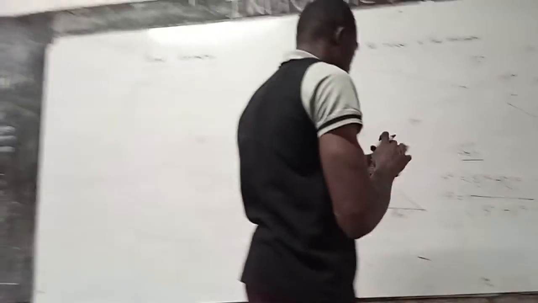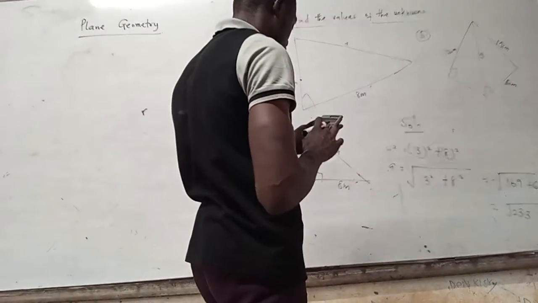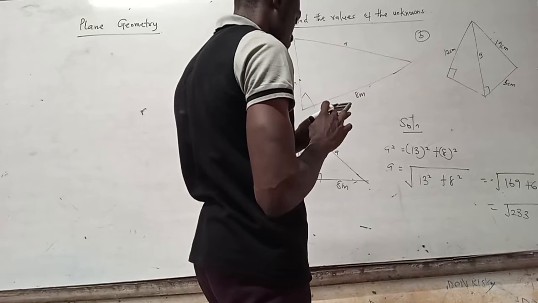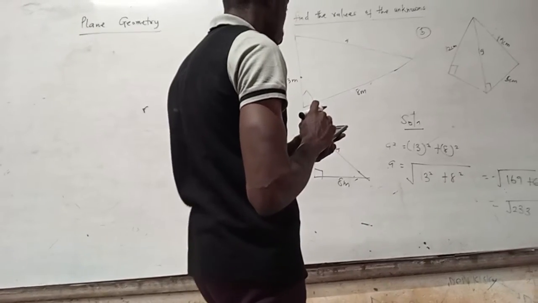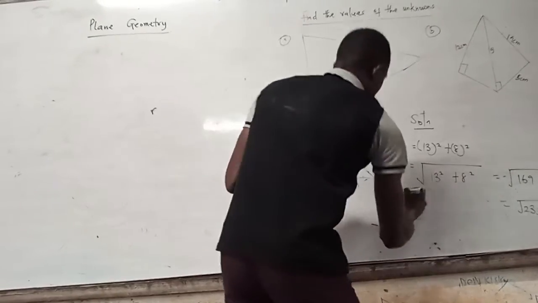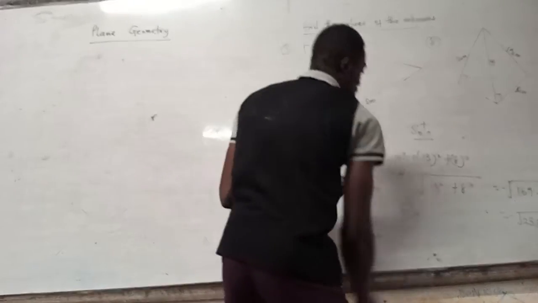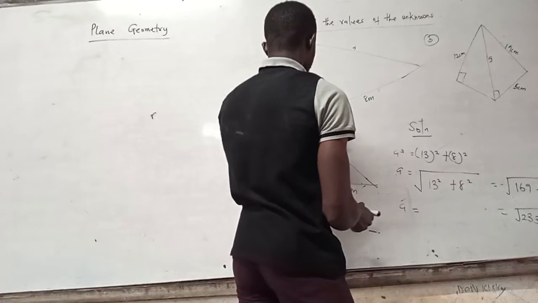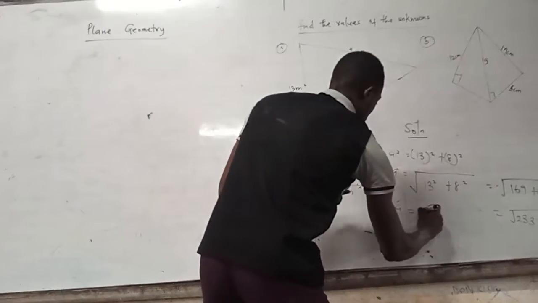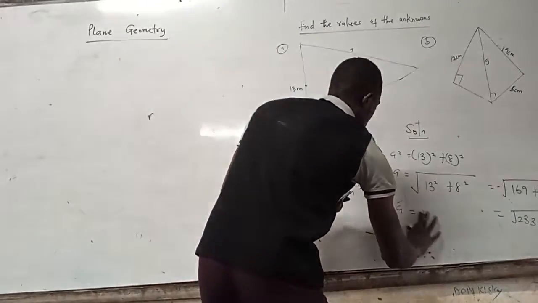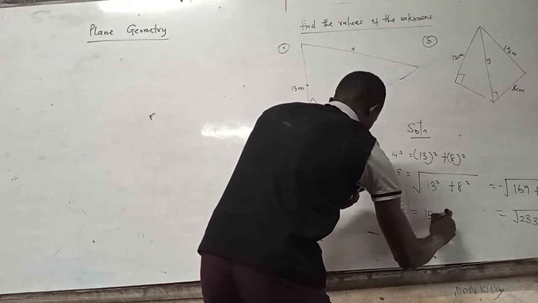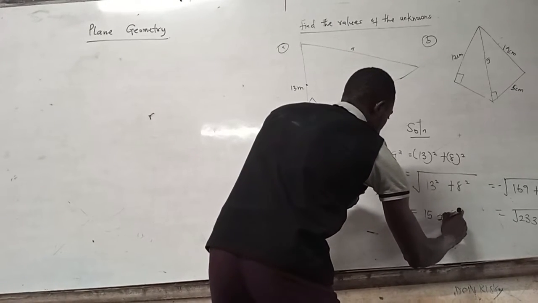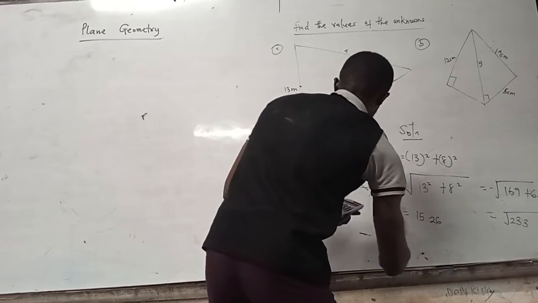So finding the square root of 233, A is going to be 15.26. It is in meters, so you write meters. Okay, so that is the first one.